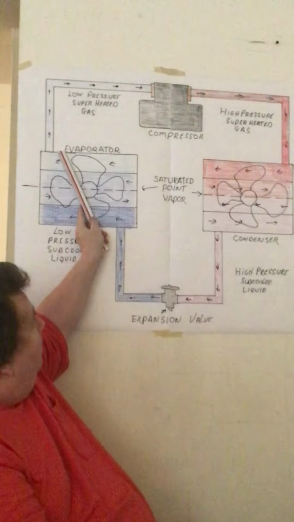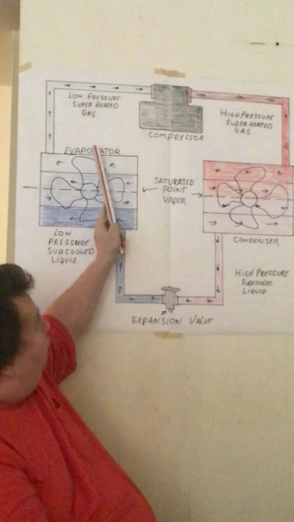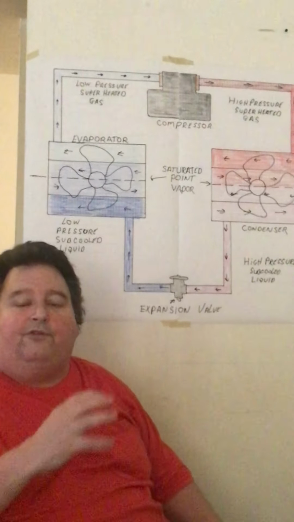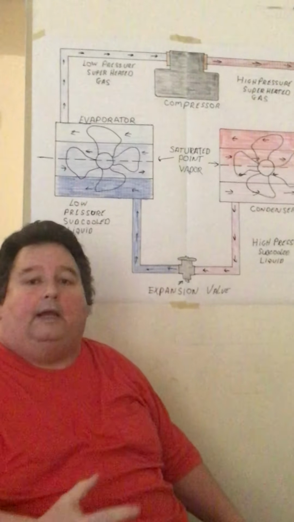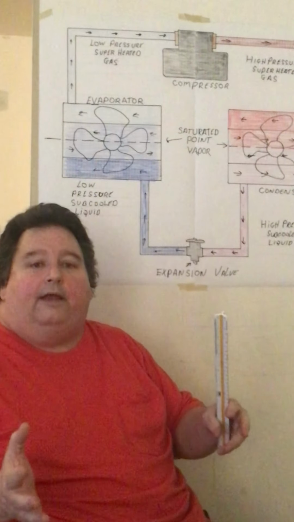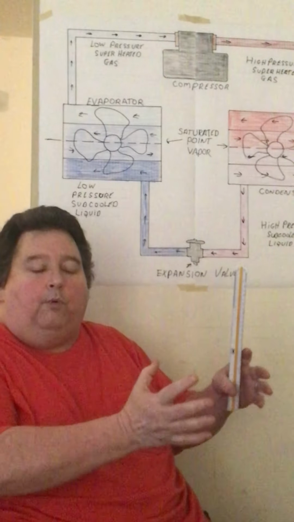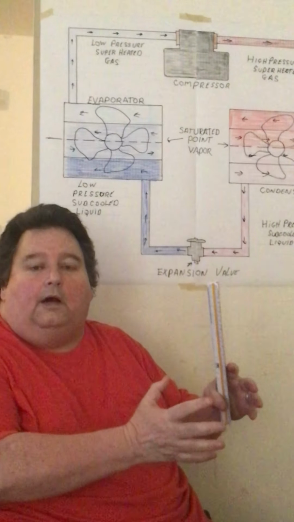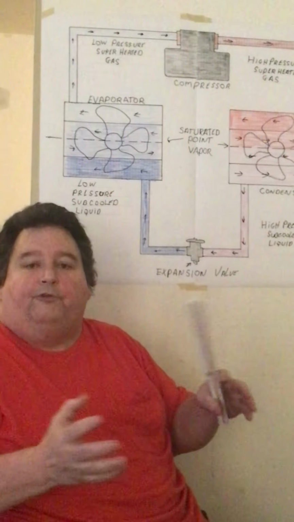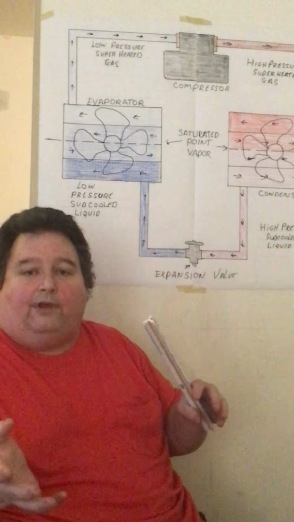You have vapor. Now the tricky thing, and the most crucial thing, is that you have to superheat the refrigerant. By superheat, I mean you need to add heat to the boiling point of the refrigerant. At a later time, when we discuss temperature and pressure and everything, that will make more sense.